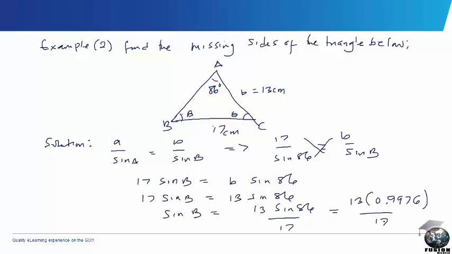When we multiply by 13 and divide by 17, we have an outcome: sine B is equal to 0.7628.